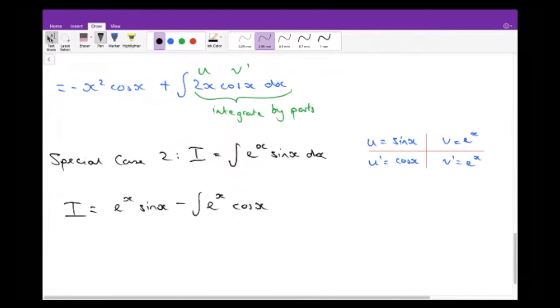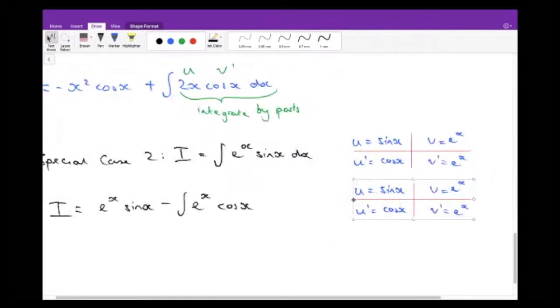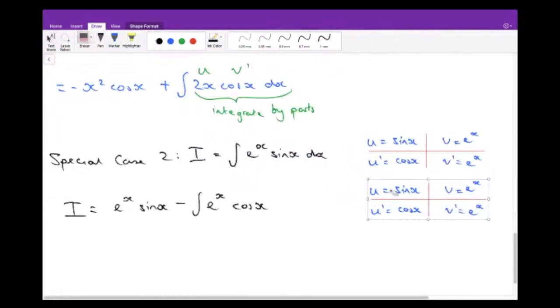Now again, we're going to do the same by parts integration. Here, we know that u is now cos x, so that's going to become minus sine x.